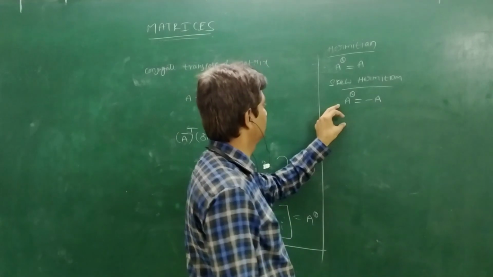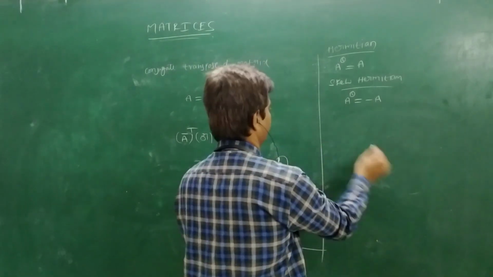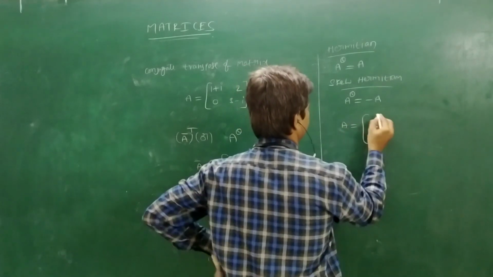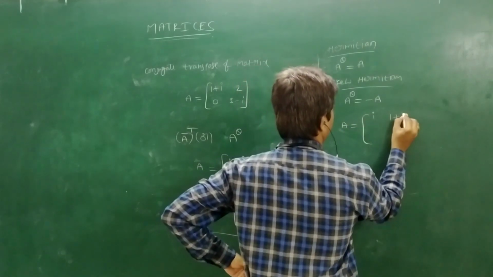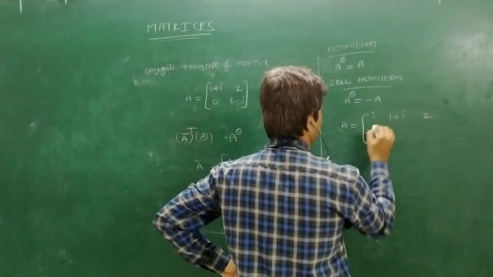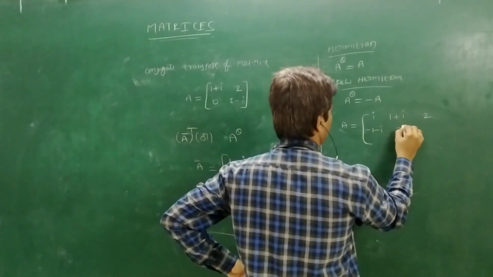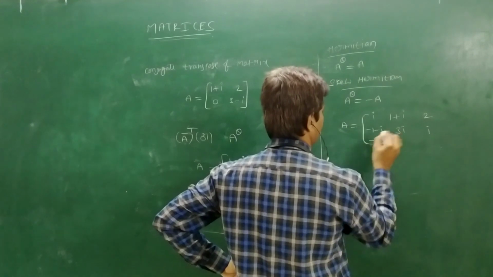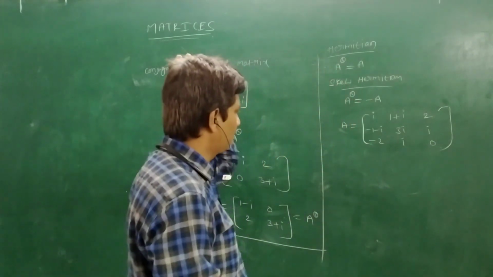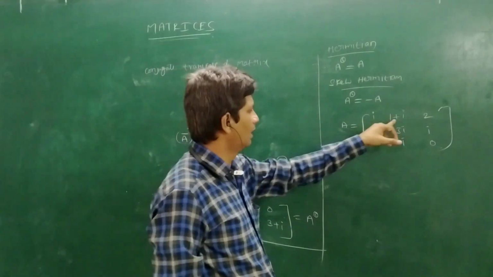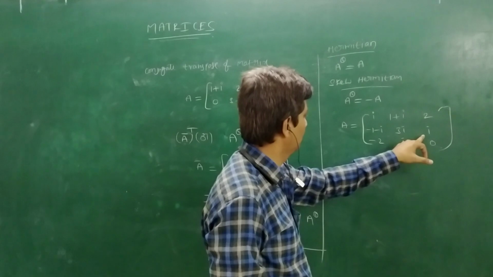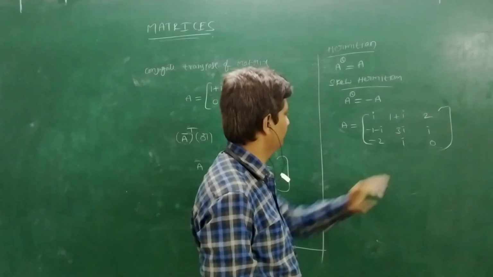Now we will check the example of skewed Hermitian. Capital A. I, 1 plus 2. This is minus 1, minus 1. For example, like this, I am going to see what happens. If you take this example, capital A equal to I, 1 plus I, 2, minus 1, minus I, 3I. This is I, minus 2I.